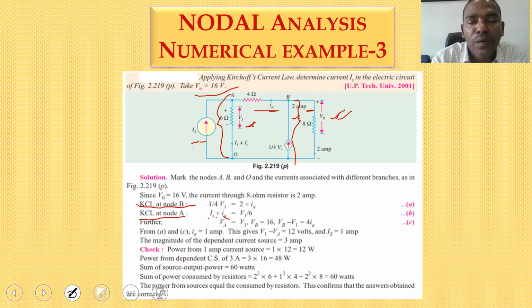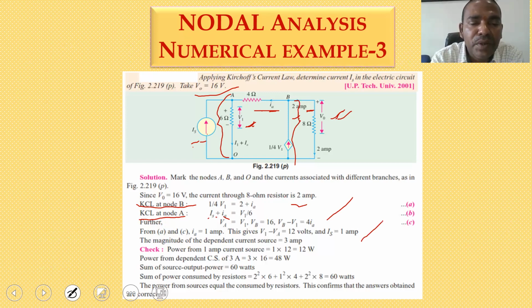So now VB minus V1, from the above two expressions, you are getting as 4IA. So V1 minus VA is equal to 12 volts, and IA is equal to 1 ampere after getting the solution. Therefore Is is equal to 1 ampere.